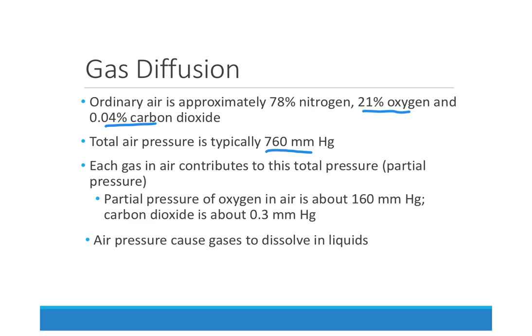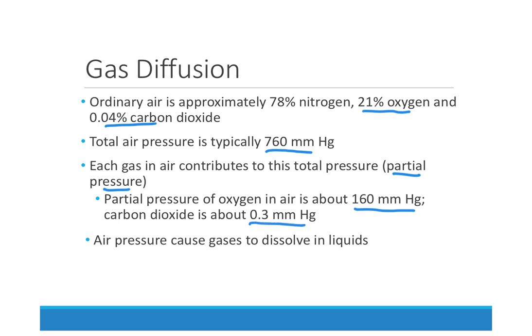Each of the gases that are present in air, nitrogen, oxygen, carbon dioxide, and a smattering of other gases as well, each one contributes to the total pressure, and the piece that they contribute is known as its partial pressure. So the 21% of oxygen in the air has a partial pressure of about 160 millimeters of mercury. Carbon dioxide has a partial pressure of about 0.3 millimeters of mercury.